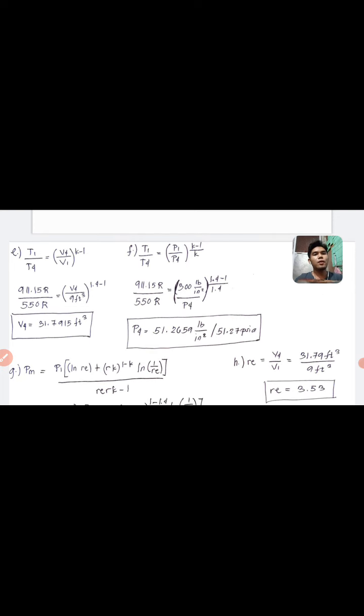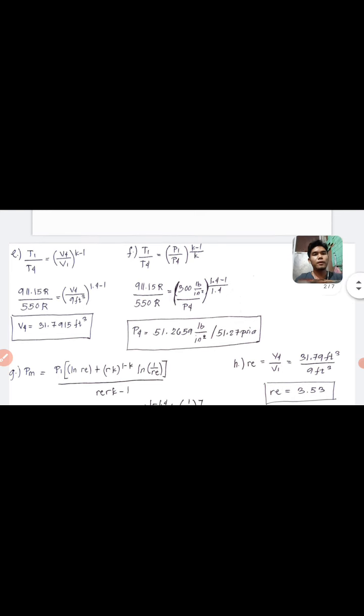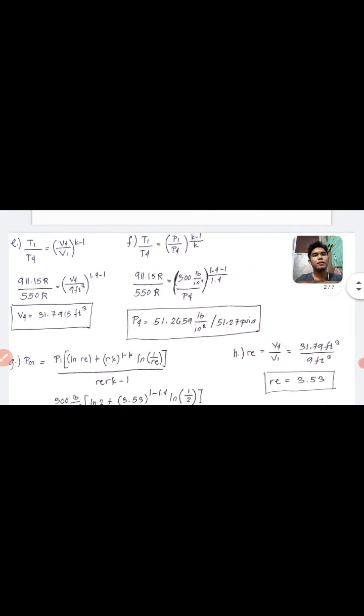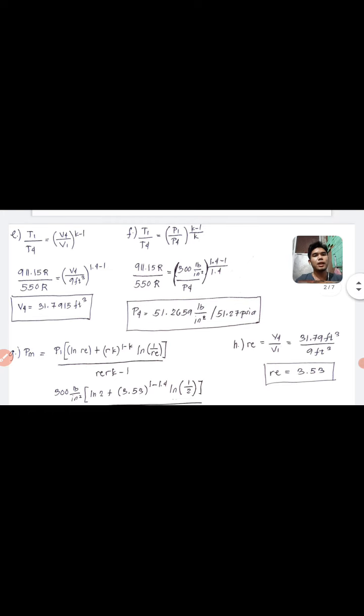With the formula of T1 over T4 is equal to P1 over P4 raised to K minus 1 over K. We are going to find P4, so in this problem, state 4, the T3 and T4 are the same. So T1 over T4, 901.15R over 550R is equal to P1, which is 300 pound inch squared, over P4 raised to 1.4 minus 1 over 1.4.